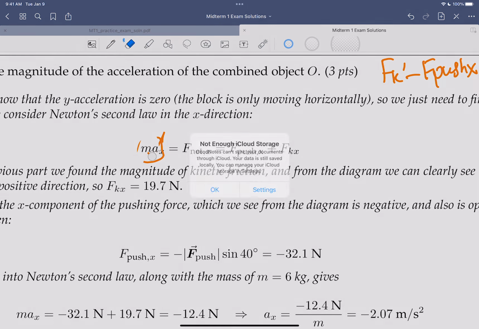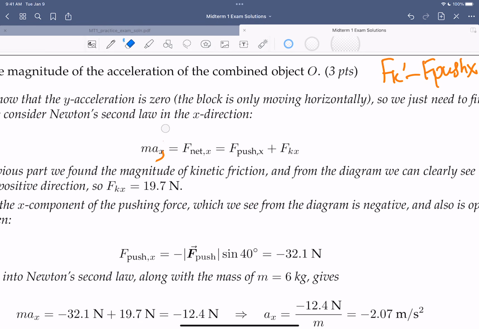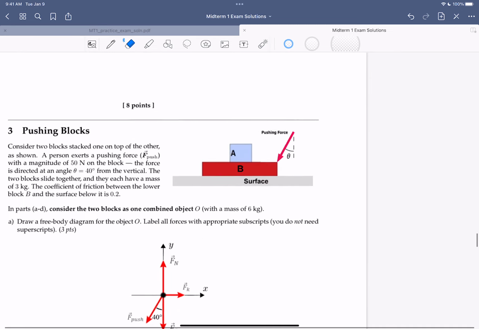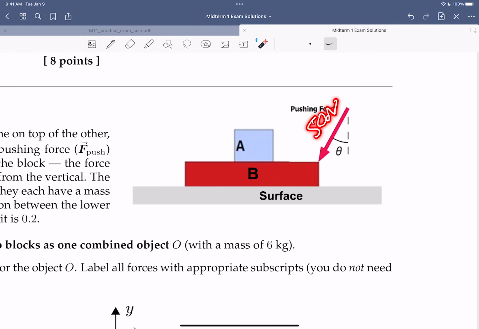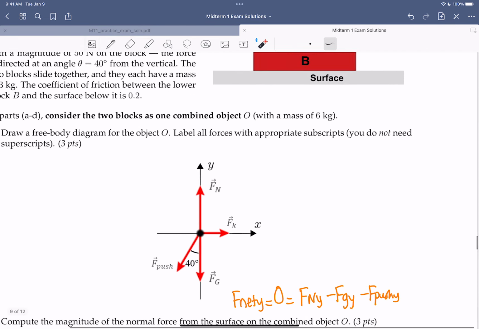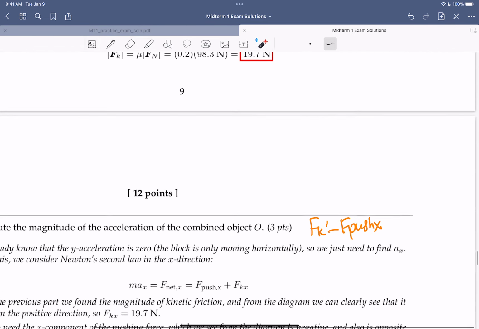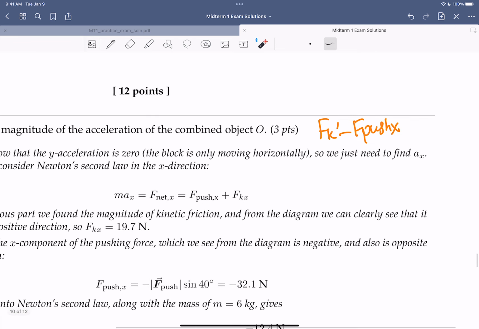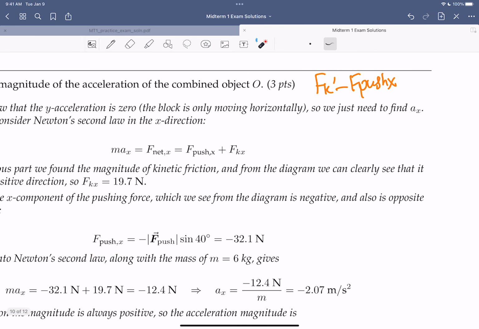So once again, I can figure out F push x using trig, because I had the 50 newtons from earlier. 50 sine 40, I get the opposite over the hypotenuse, right? So 50 sine 40 is going to give me my F push x, and I can plug that in. They gave you 32.1 newtons.